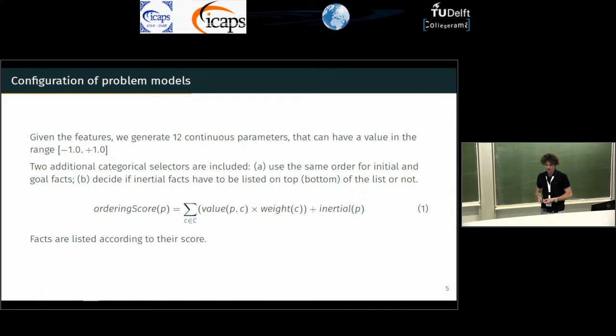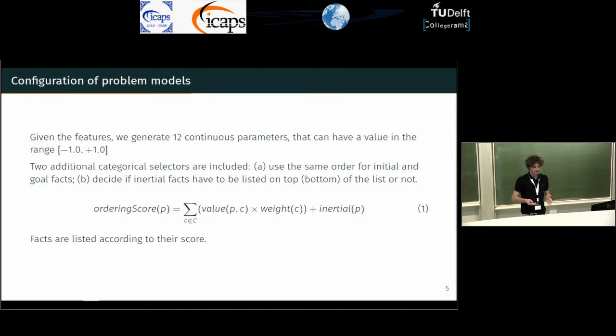And then for each fact, you evaluate its ordering score, which, as is shown here, is basically just the sum of the weights of all the parameters which correspond to the values of the features that you have extracted, plus the inertial fact. Once you have the ordering score, you can then order all the facts accordingly.